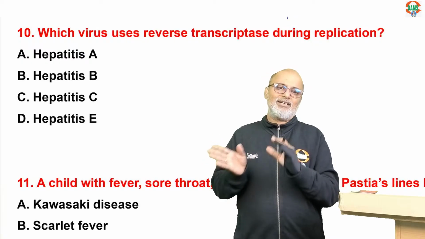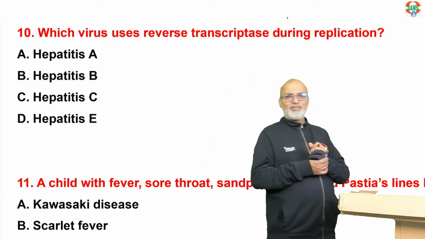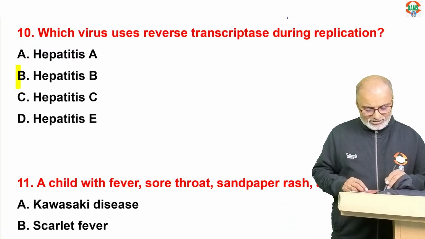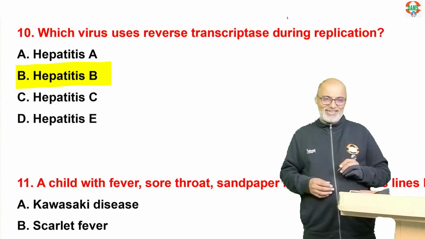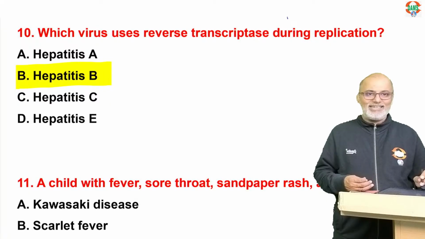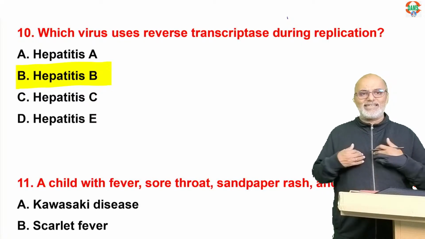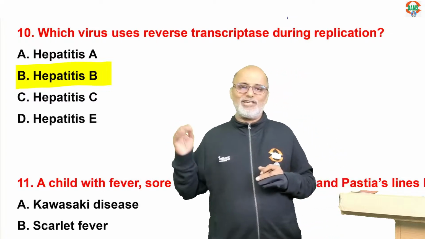That is HIV, don't get surprised. The same reverse transcriptase is seen in hepatitis B virus. It's a DNA virus, but the beauty is it is not using it for integration with your host. It's only using it for its multiplication, replication purpose.